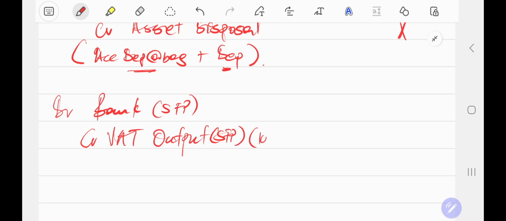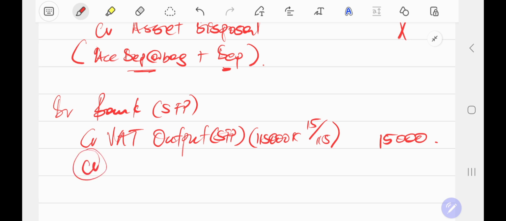You'll say 115,000 multiplied by 15 over 115. Sorry, not 100, 15 over 115. So that is going to give you 15,000. And then the amount that you are going to credit, right? You debit bank, you credit VAT output, and then the account you credit is asset disposal.